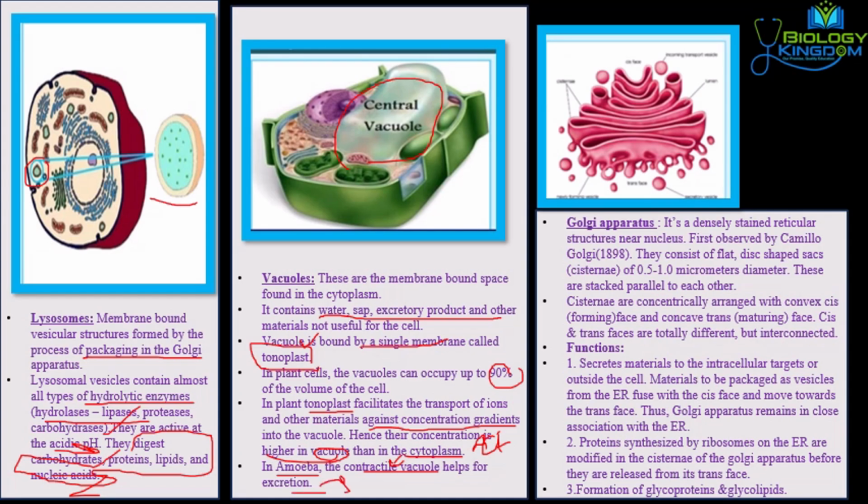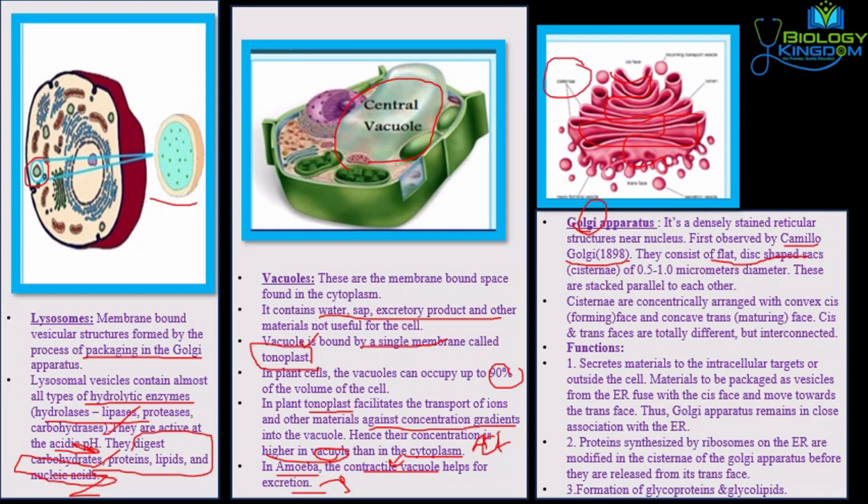Moving on to Golgi apparatus, it is a stained reticular structure which is found in the cell. We can observe this twisted structure of Golgi apparatus. It was first discovered by Camillo Golgi, so that is the reason it has got the name Golgi apparatus. It is a flat, disc-shaped and sac-like structure. These sac-like structures are referred to as cisternae.